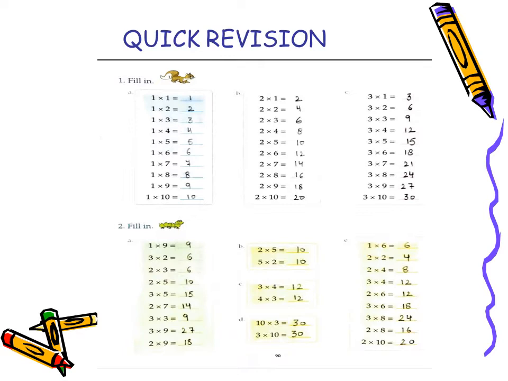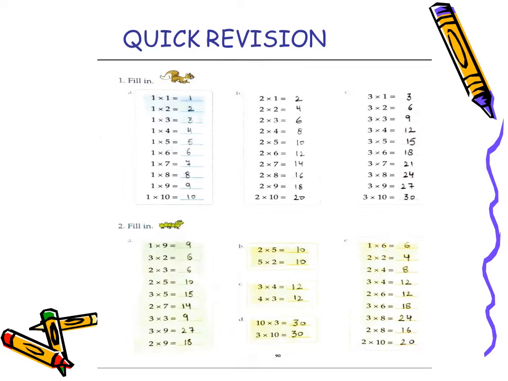In page number 90, we had multiplication and the multiplication tables of 1, 2 and 3. On page number 91, we had the multiplication tables of 4, 5 and 10.